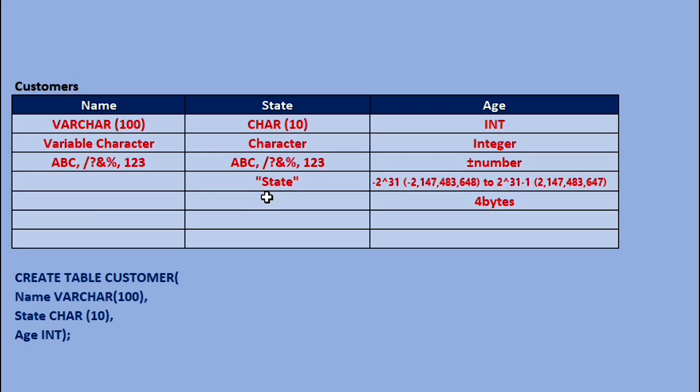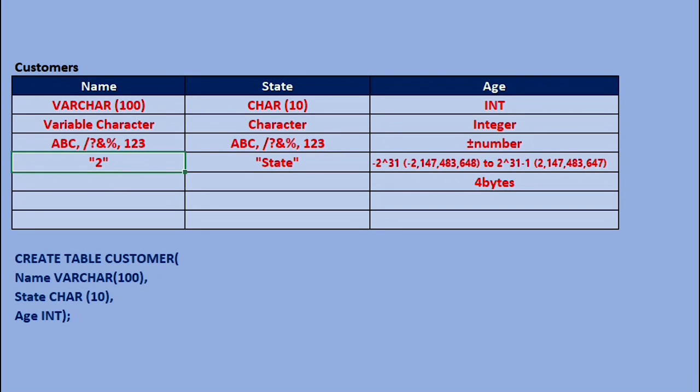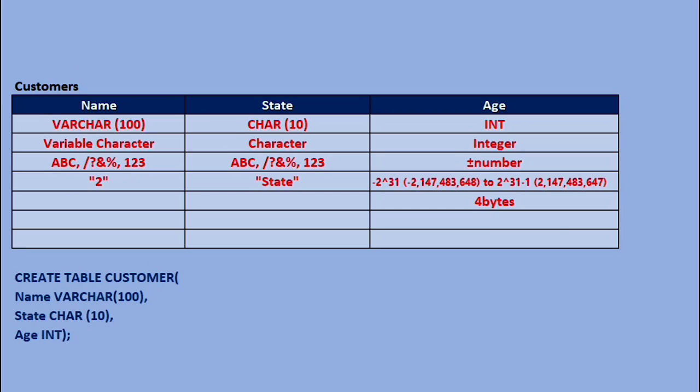Now, when we write a number under varchar or char, it will become a string. So it won't be a regular number anymore. However, when we write a number under the int data type, it behaves like a number, which means we can perform mathematical operations on it.